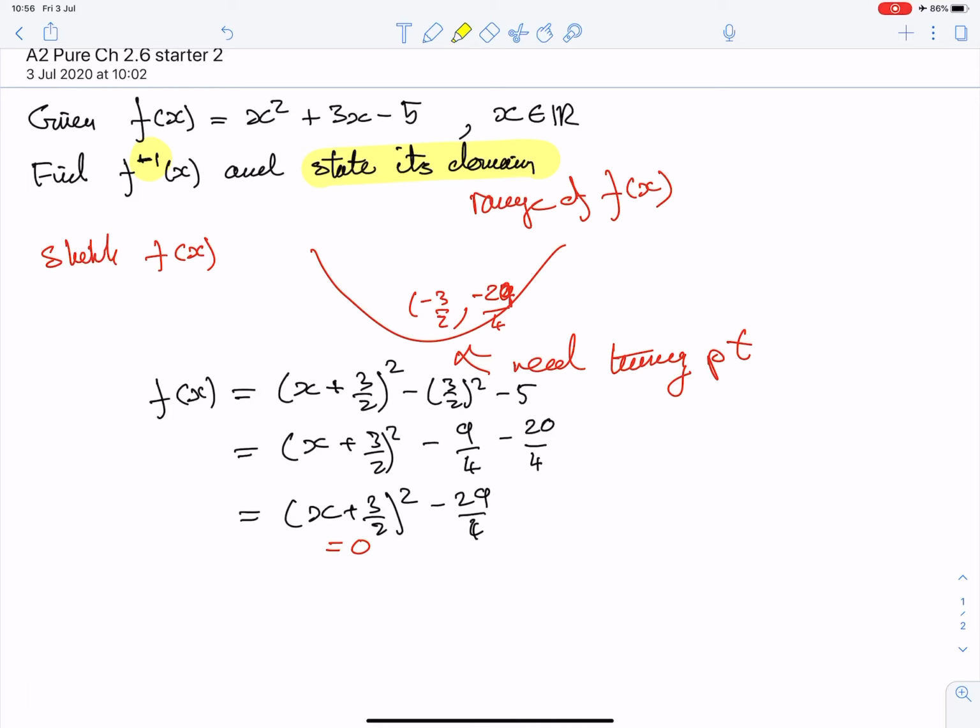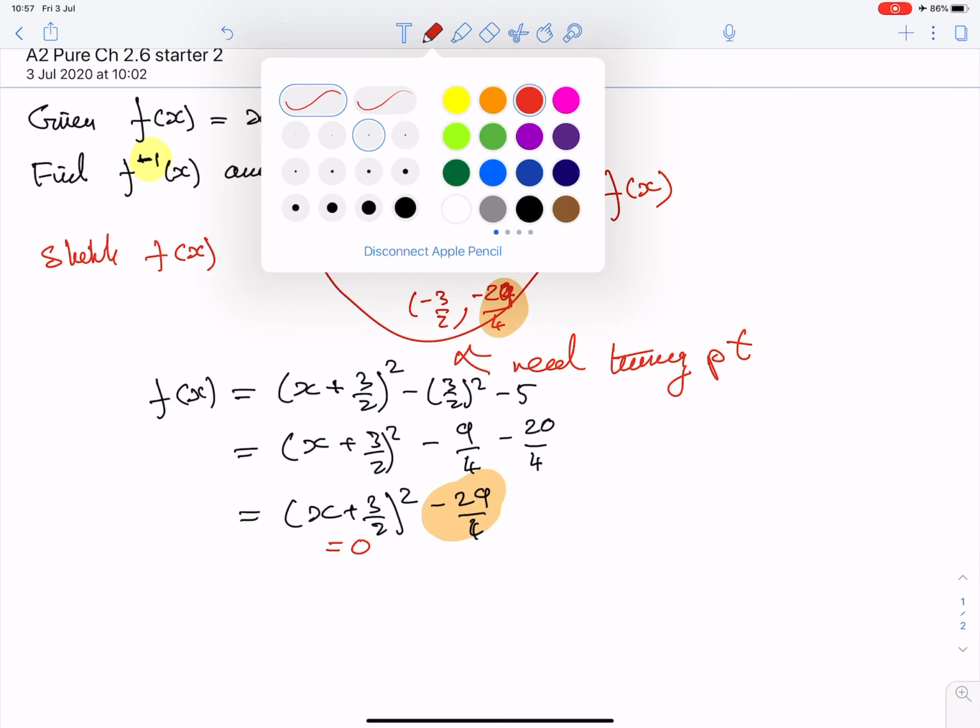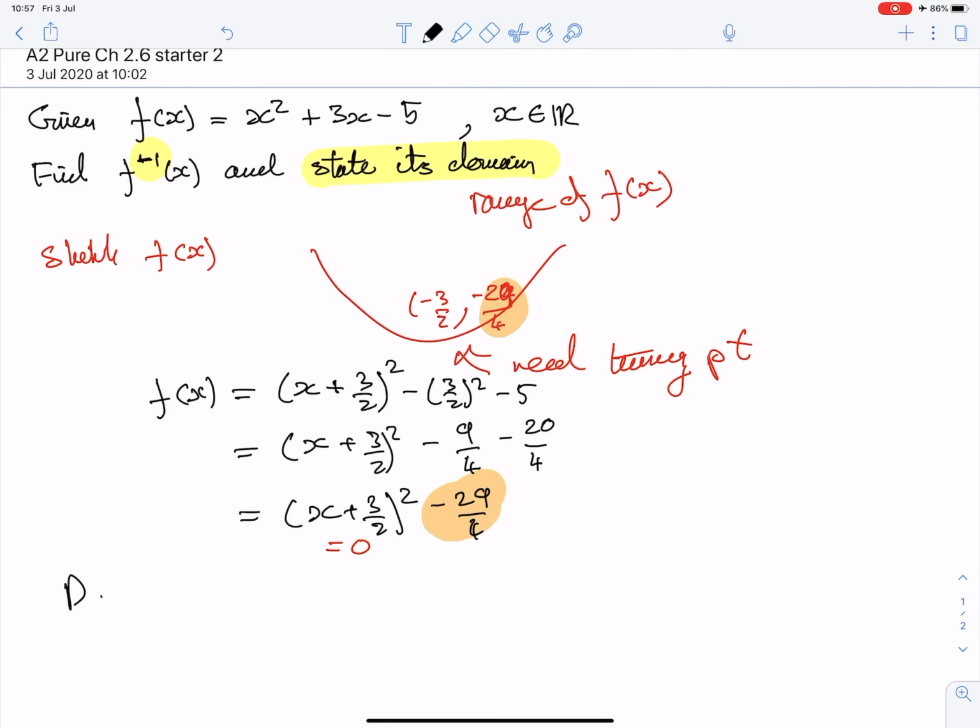Taking that coming from here. Okay, so we've got the domain of f inverse of x. Domain of f inverse of x is x has got to be greater than negative 29 over 4.